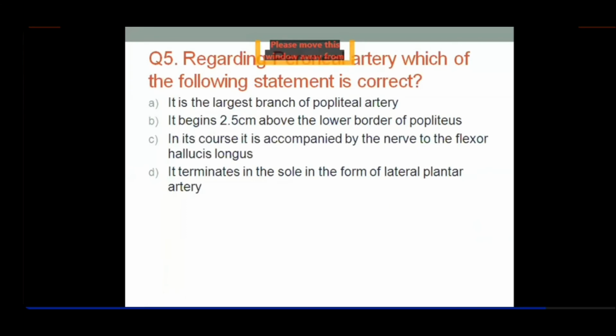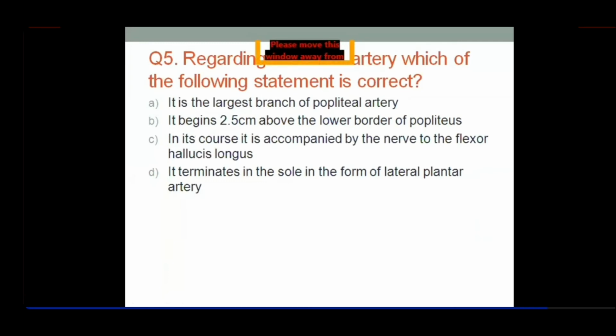Last question here. Regarding the peroneal artery, which of the following statements is correct? It is the largest branch of popliteal artery.